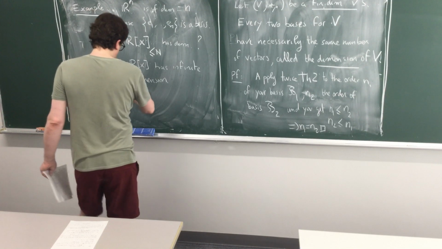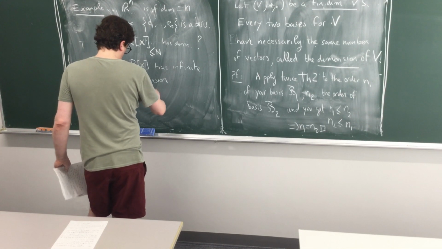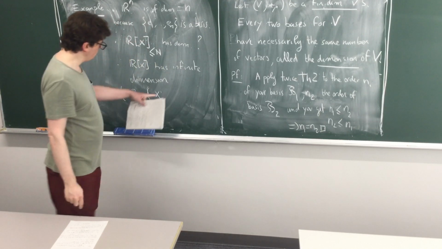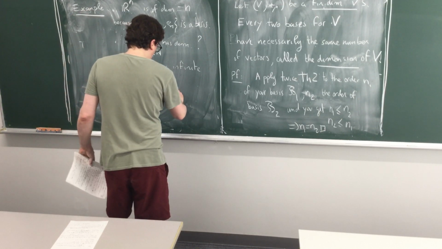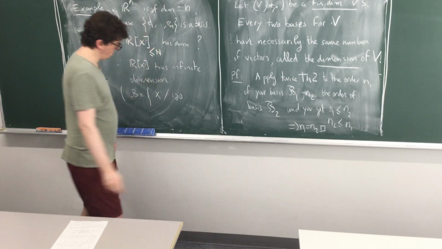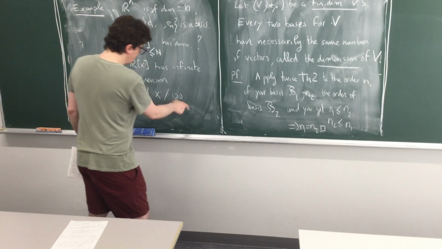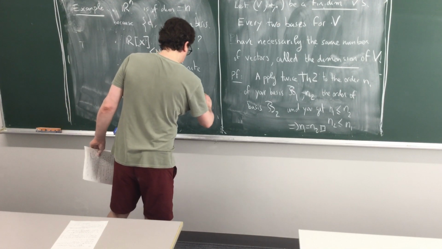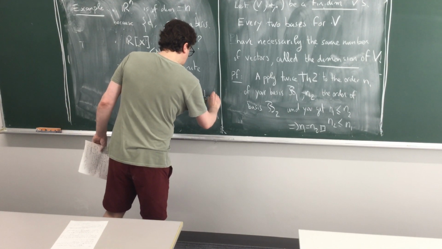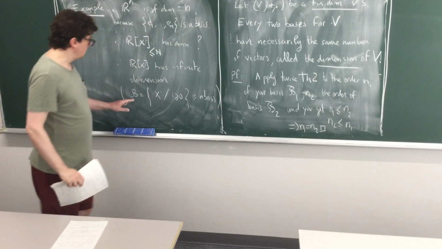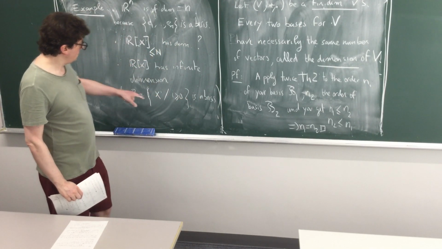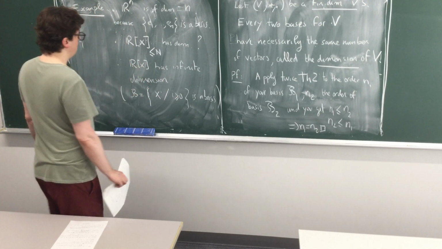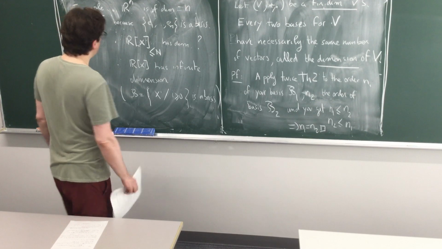As we have seen, a basis for that is the set of all polynomials of the form x to the power i, where i is any integer greater or equal to 0. So there is an infinite number of such vectors, and this is a basis, but there is not a finite number of them. So this is infinite dimensional. All right.